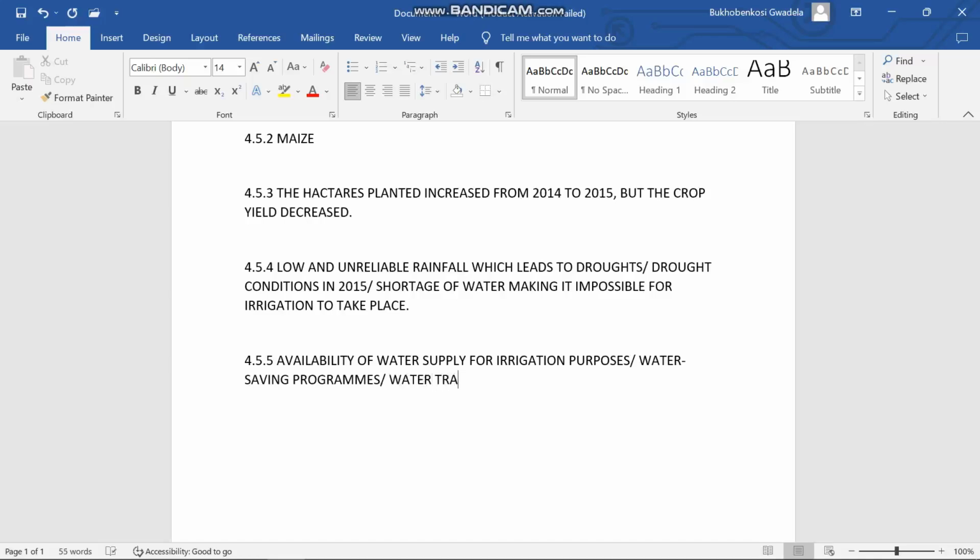Government can build dams for the households, or for farmers to motivate them to practice their farming, to produce crops and so on. Also use fertilizers to improve crop yield.